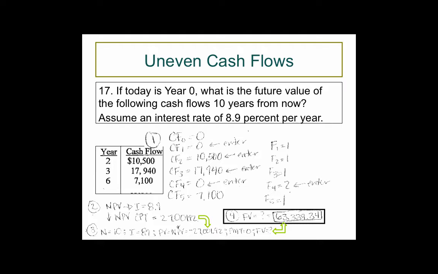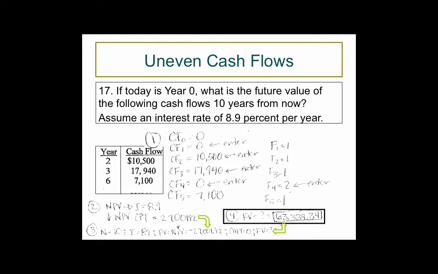So first thing I'm going to do here is hit the cash flow button, second clear everything out. Cash flow 0 is going to be 0. Go to cash flow 1. Now it won't let you go past cash flow 1 and frequency 1 unless you put something in. So in cash flow 1 you actually have to hit 0, enter. Then you'll see cash flow 2 will pop up.